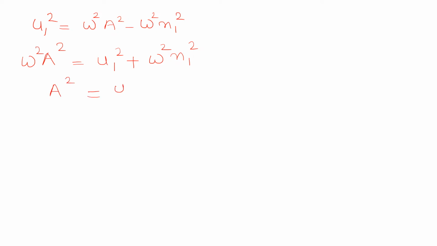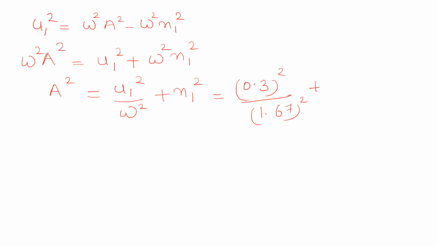That can be represented as u1 square divided by omega square plus x1 square. Substituting the value of u1, omega and x1, finally we get the amplitude A as 0.253 meter.